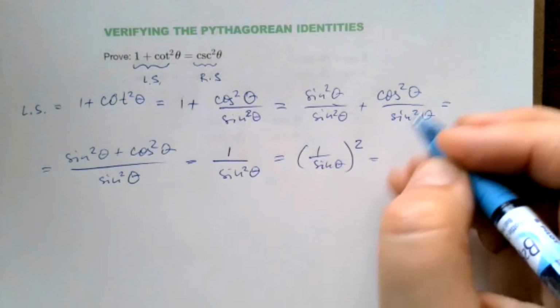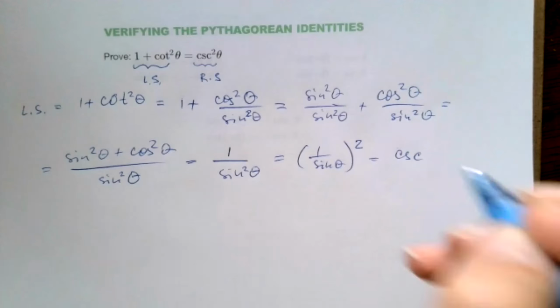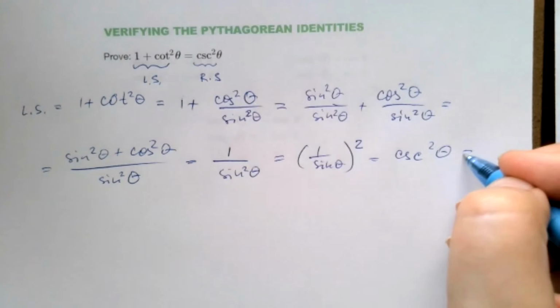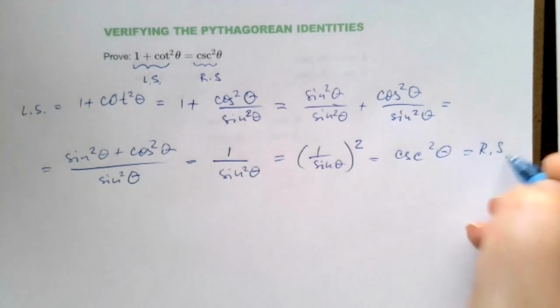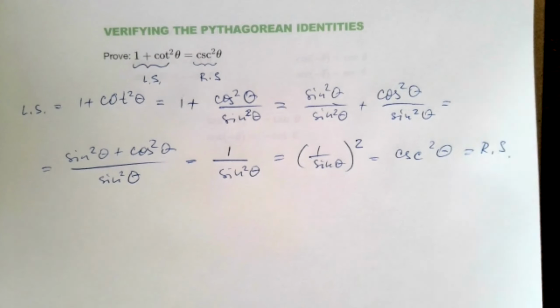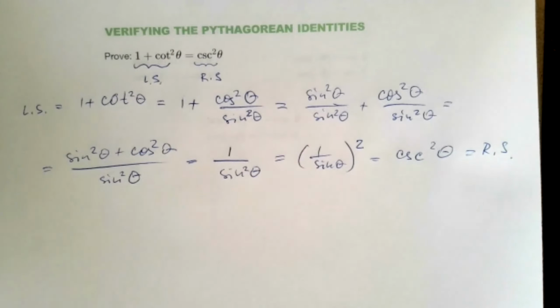So this is going to be cosecant squared theta, which is equal to our right side, precisely our right side of the equation. So this is how you apply identities.